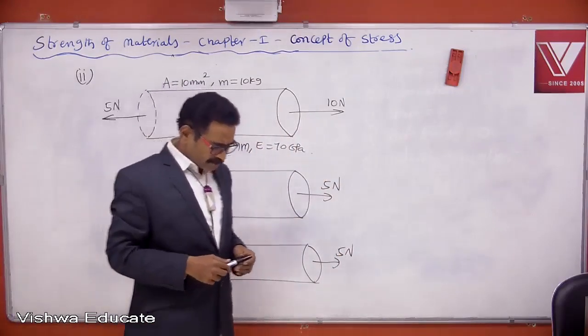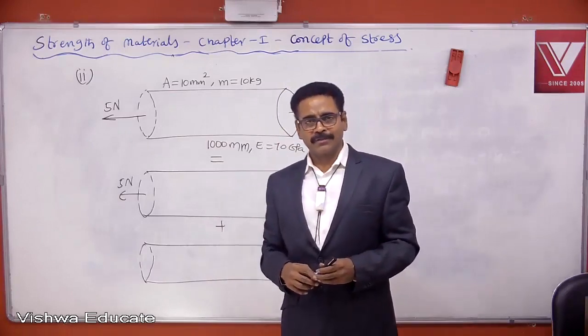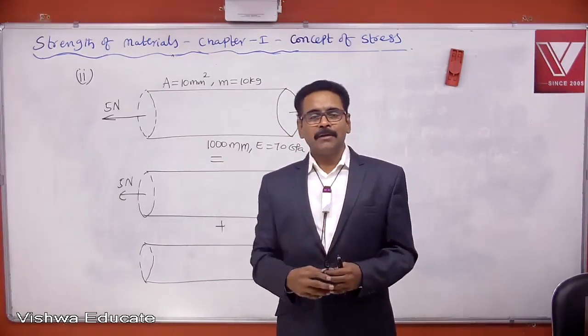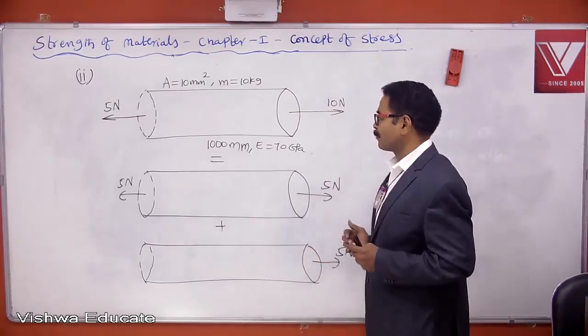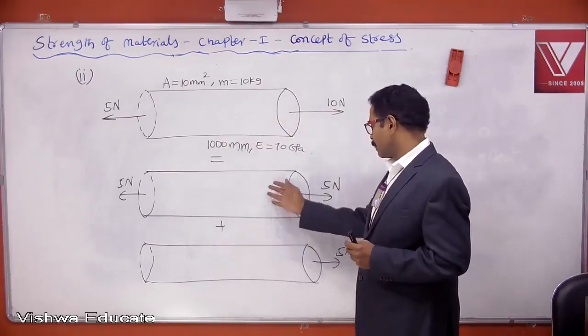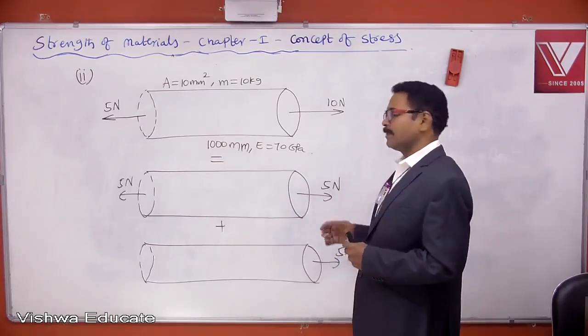In SOM, we can divide a given problem into a number of simple problems, or reverse also we can do. We can combine a number of simple problems into a single big problem. So here I divided this problem into two problems. In the first problem, at both ends 5 is acting. In the second problem, only this 5 is acting.